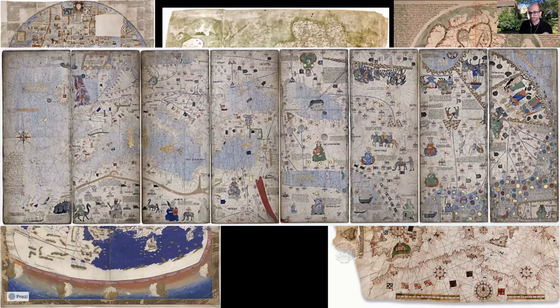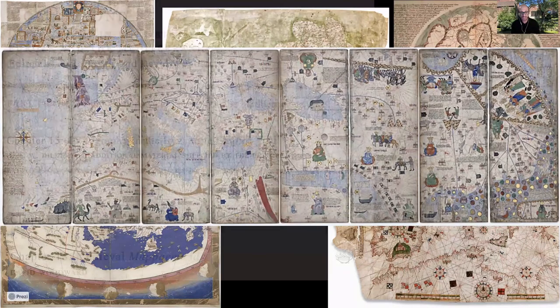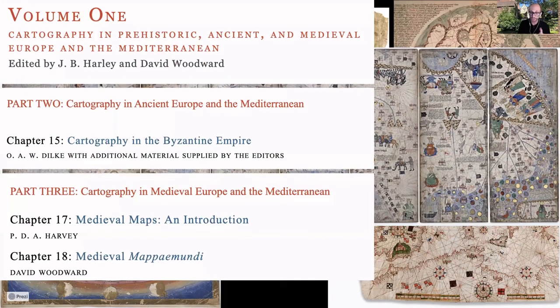Christian maps produced in the Kingdom of Jerusalem would fit with Harvey's claims, but Byzantine cartography is granted a separate chapter in the volume, housed, despite the empire's endurance up to 1453, in the section on cartography in ancient Europe and the Mediterranean, as opposed to cartography in medieval Europe and the Mediterranean, relegating the Byzantine East to some sort of pastness, as if it were an antecedent to the European Middle Ages, as it is often positioned in art historical survey texts and courses as well.